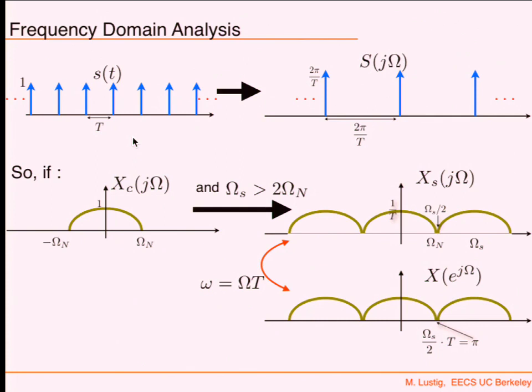if the sampling frequency, omega sub s, is bigger than twice that frequency, or is at least as big as the full bandwidth of my signal, then I'm going to get a replication.